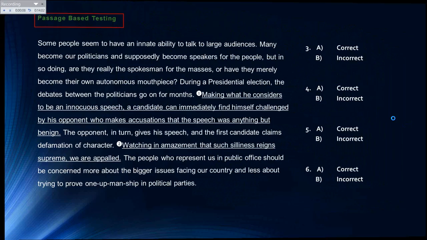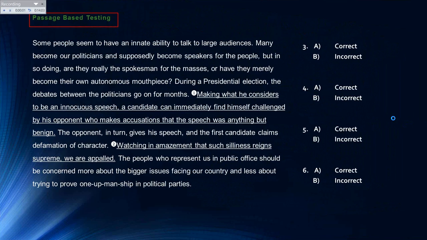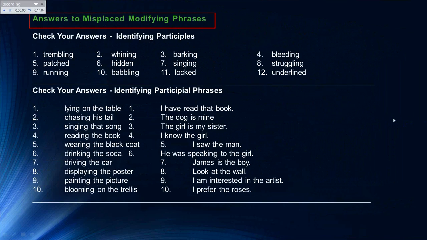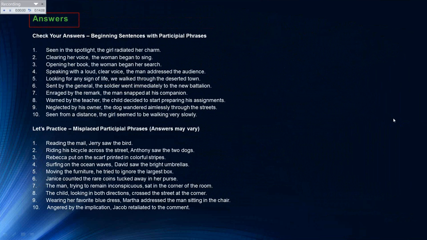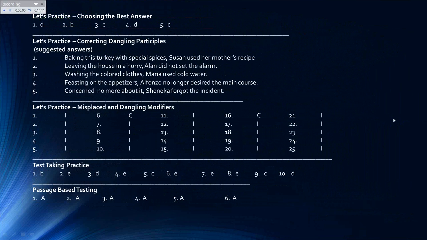So watch for them. And then you'll get your answers and check your answers. When you are creating your own sentences here, I can only give you ideas about them. They may not be precisely what the answer is that you got. For instance, here it says suggested answer.